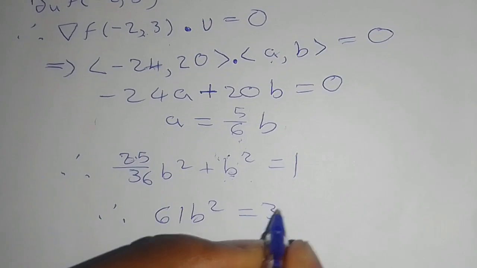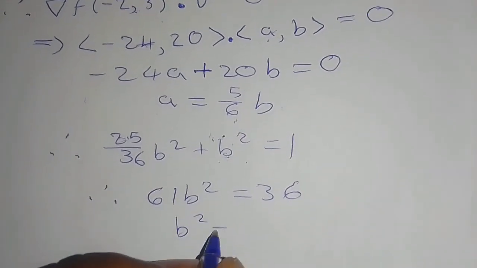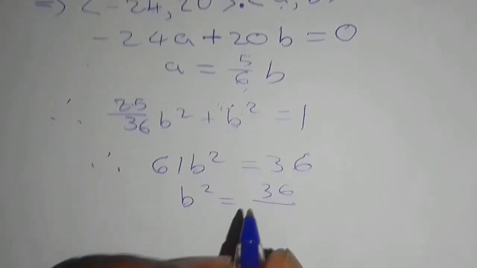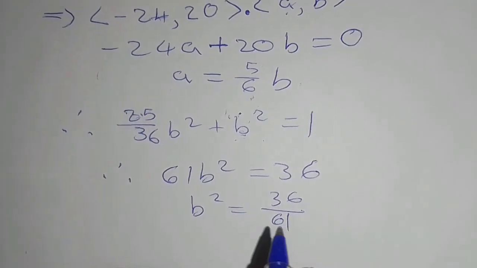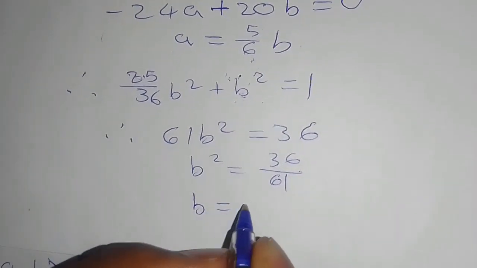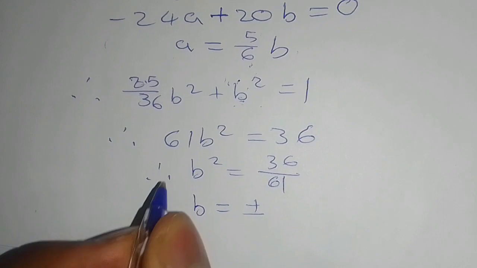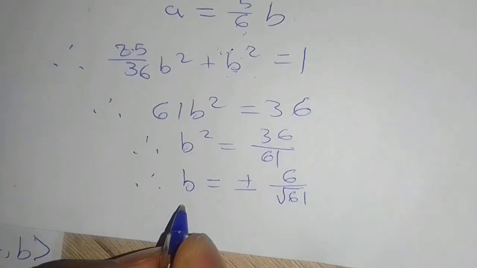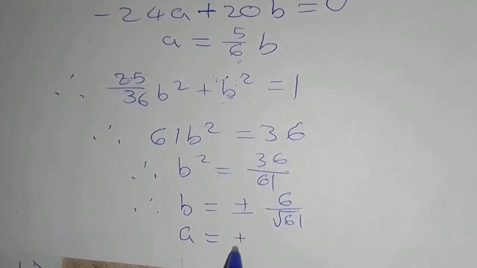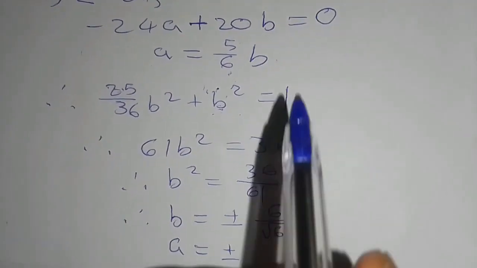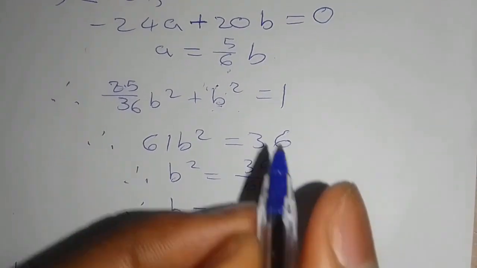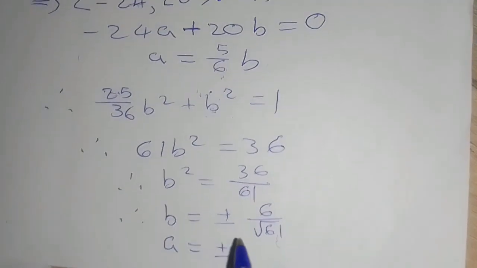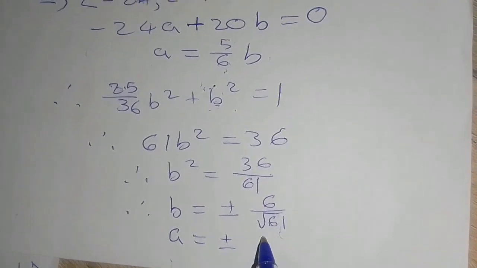Multiply both sides by 36, and you get b squared equals 36 over 61. So b equals plus or minus 6 over root 61. Plugging that in, you also get two possible values of a, which are plus or minus 5 over root 61.